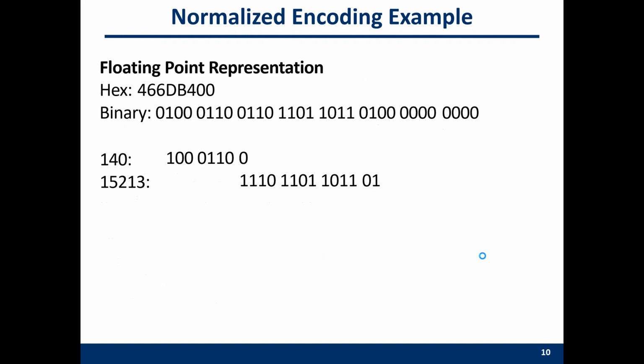This is the value for the EXP and this value is for the M, capitalized M. Then we can put these numbers into the IEEE floating point single precision format. The first bit is the sign, because it's a positive number, so it's a 0.